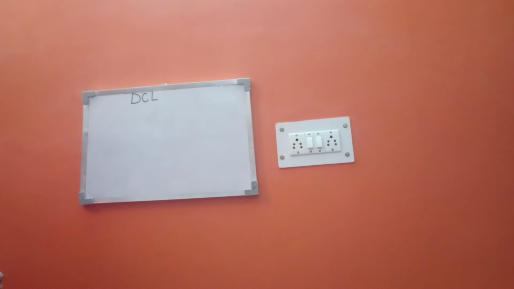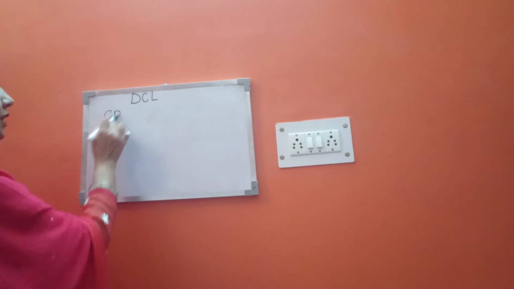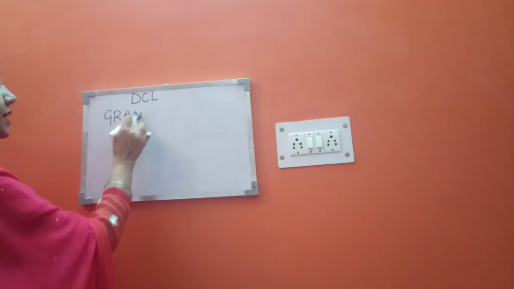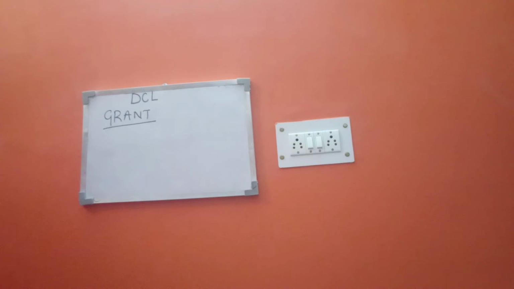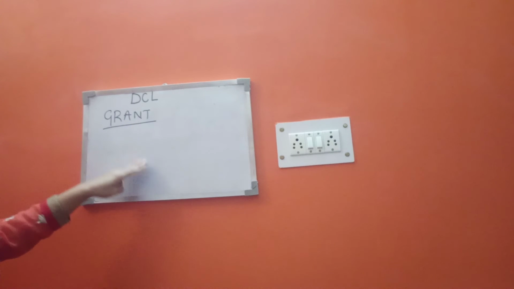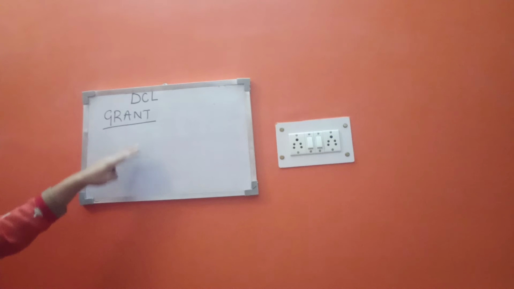Next we will look at the grant command. The grant command is basically used for granting permissions or privileges to users. Once after getting a valid username and a password, the next thing is to allow the user to establish a session with that particular database.